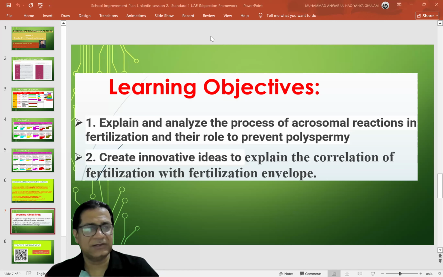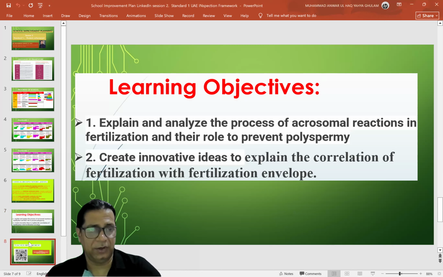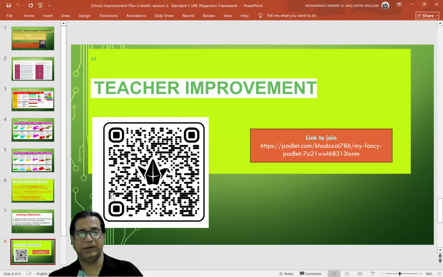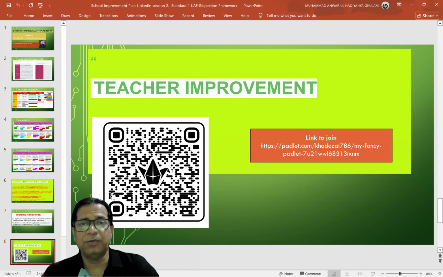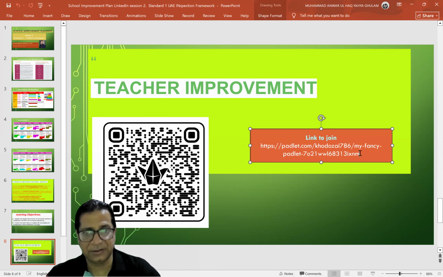Now, if we move next, I have a small activity, if you can do it, for teacher improvement or as an admin if you want to improve. So this is the activity. I will be sharing one link in the chat box.